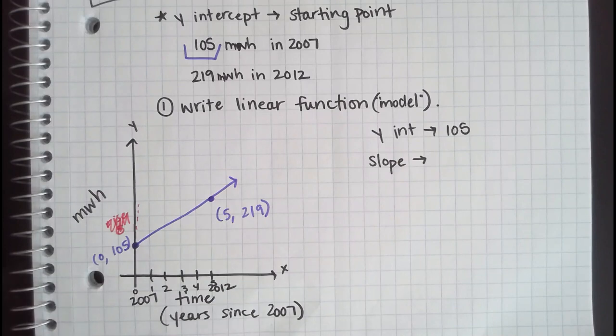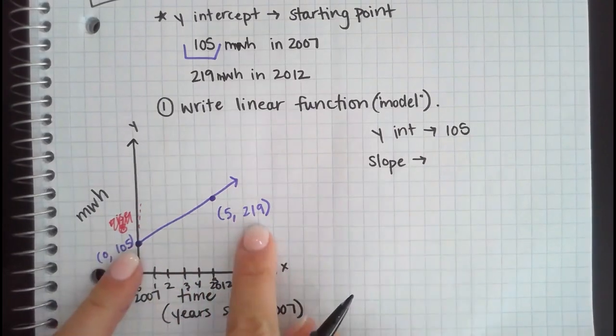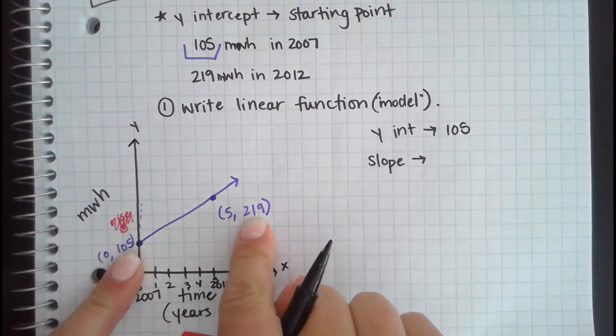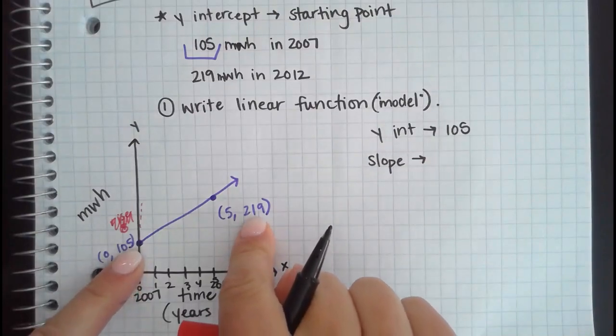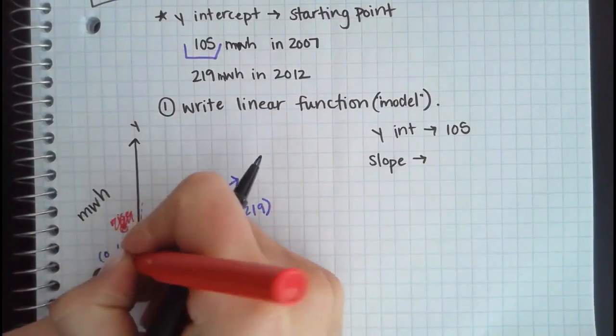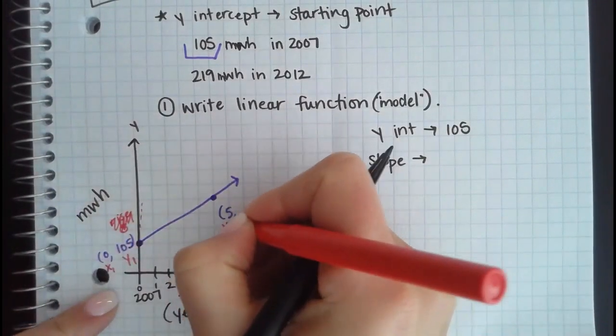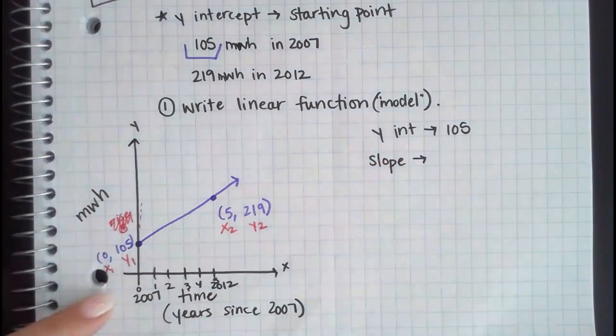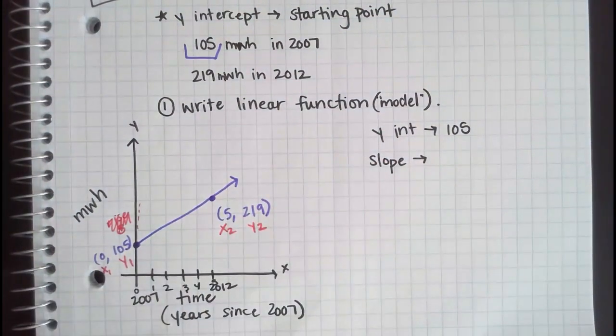Because my graph is not to scale, and typically it's not to scale when you have numbers this big, it's easy to count rise over run when you're going by ones, but when you're not, it's usually easier to use the slope formula. Because then you just plug in and do the math, and you don't mess yourself up by trying to count by 10s or 5s or 15s.